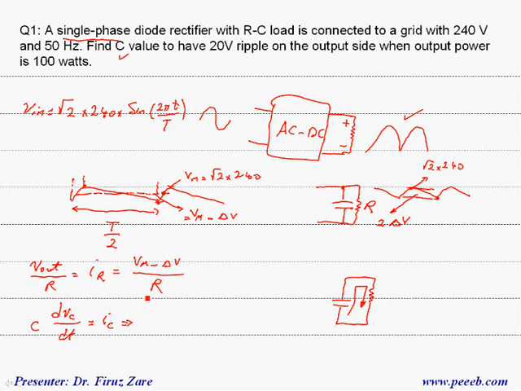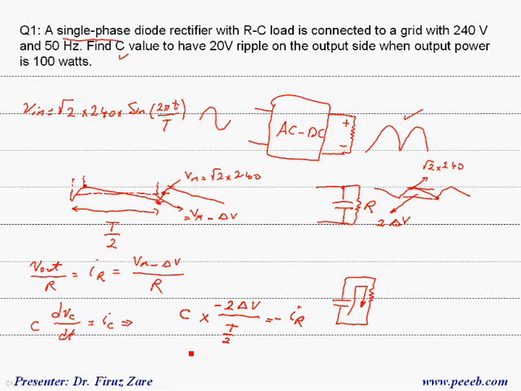So now we can simplify the equation. That means C times, since the voltage is decreasing, delta V from this peak down to this point is minus 2 delta V over delta T, which is basically half a cycle, that means T over 2, equals the current through the capacitor when the capacitor is discharged, which is basically minus IR.